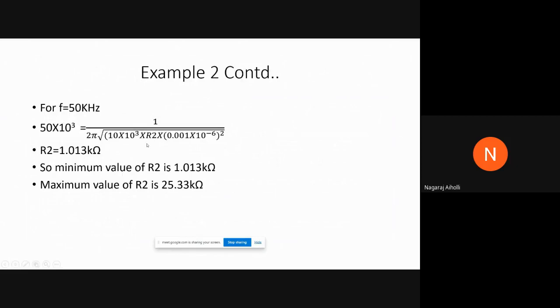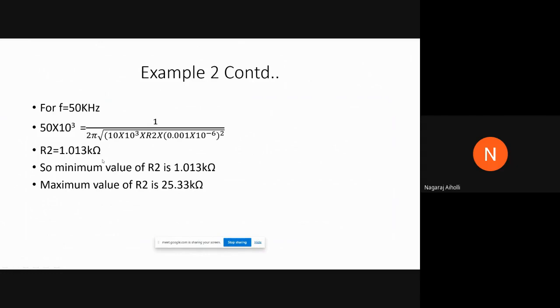We are supposed to find the value of R2. This into 0.001 microfarad, that is 0.001 into 10 raised to minus 6 the whole square. It is C1 into C2 or C square. So if we simplify this, then the value of R2 that we will be getting is 1.013 kilo ohms.